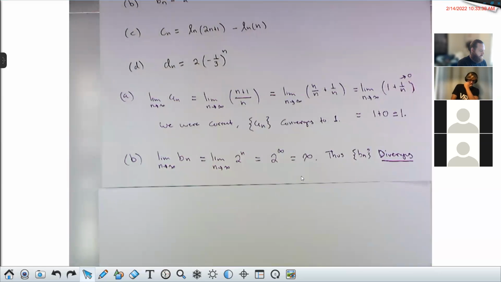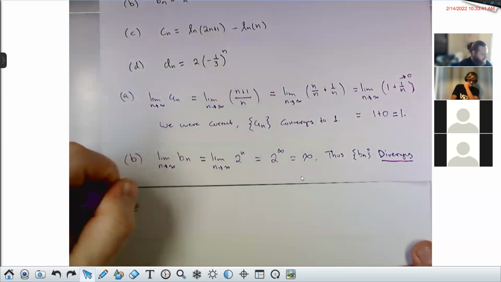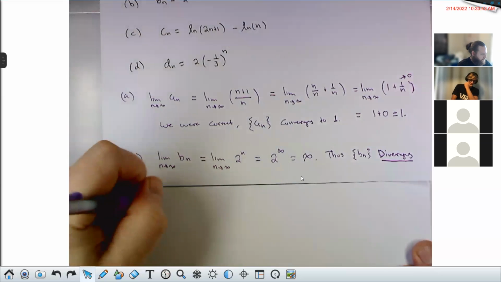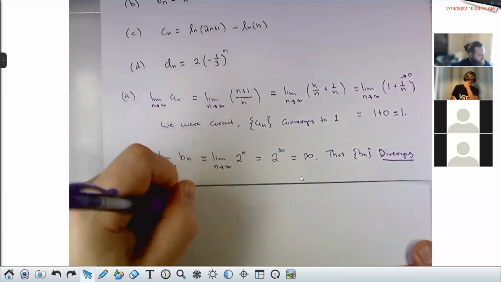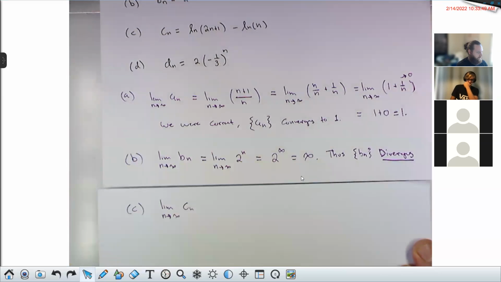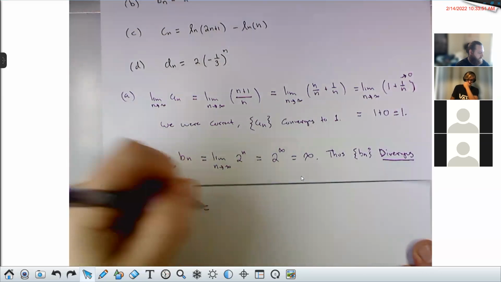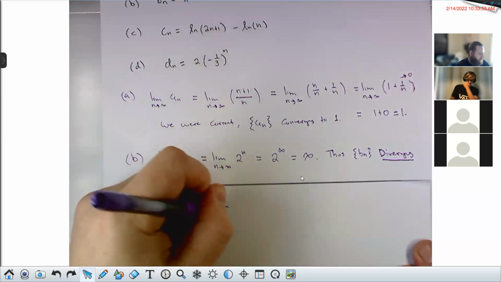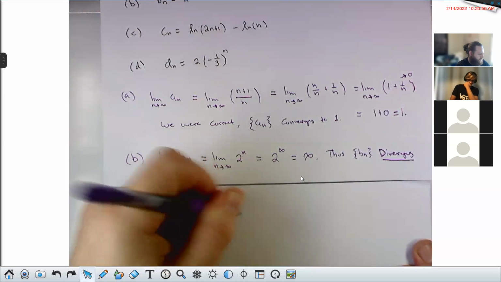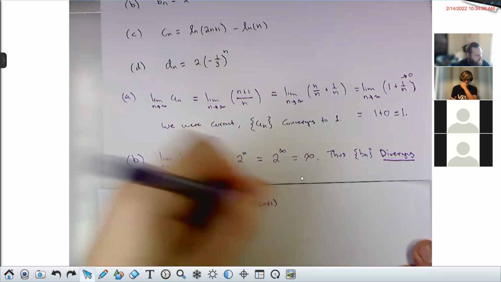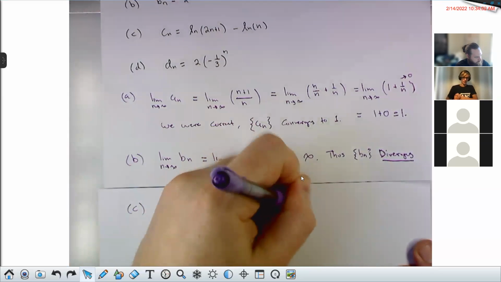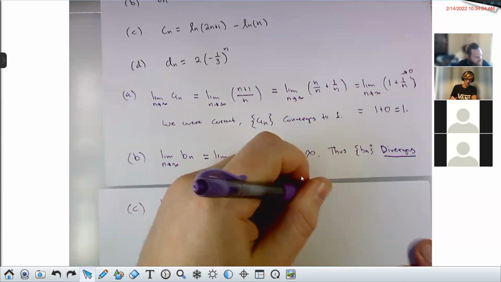For part C, the limit as n goes to infinity of c_n is the limit as n goes to infinity of the natural log of (2n plus 1) minus the natural log of n.